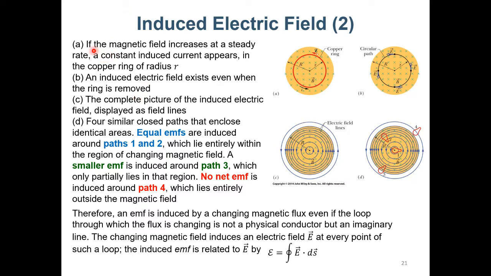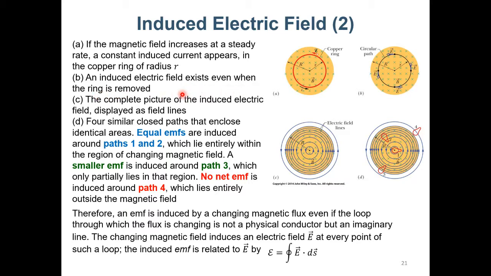So here it talks about if the magnetic field increases at a steady rate, a constant induced current appears in the copper ring of radius r. So it's just a simple Faraday's law. And the induced E field exists even when the ring is removed.